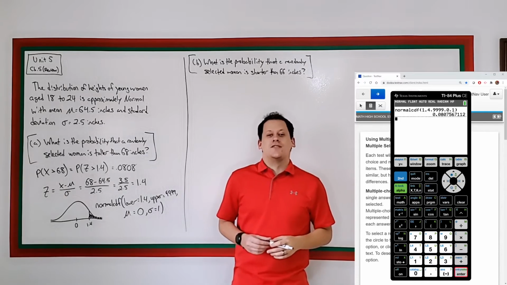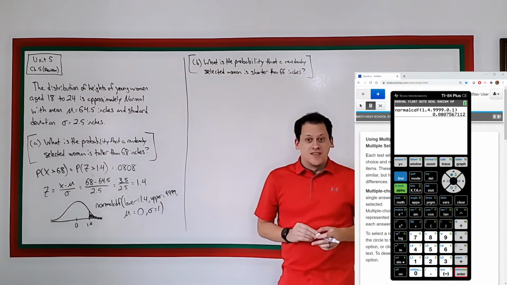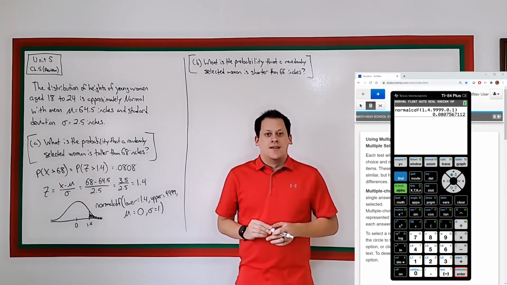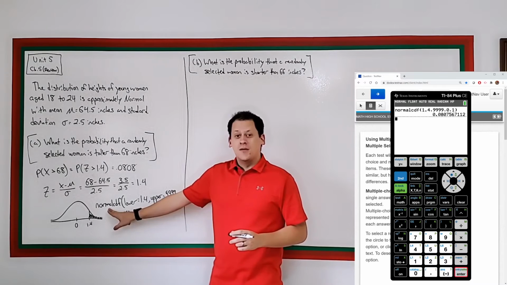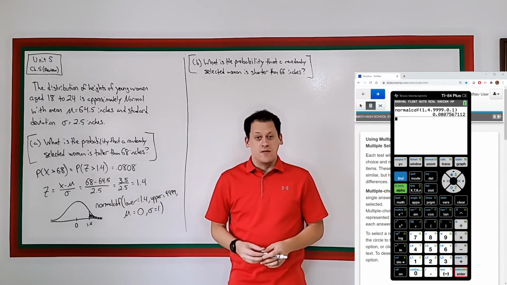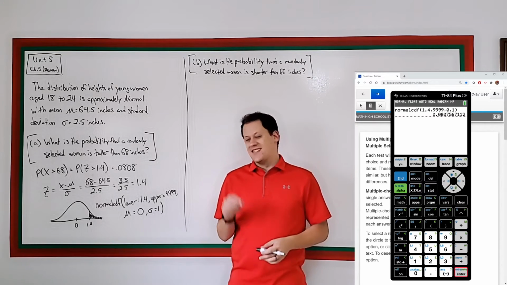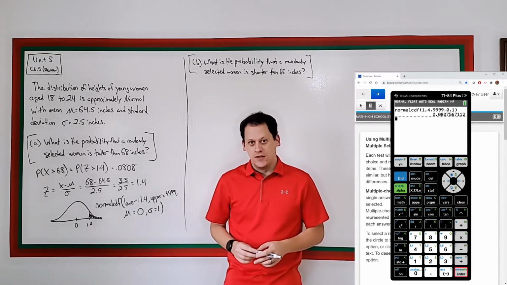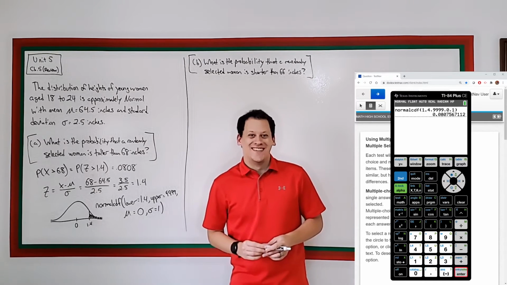All right, next question. What is the probability that a randomly selected woman is shorter than 66 inches? This is another reminder, we always use normal CDF, because when we're talking about a normal random variable, you're never going to be asked what's the probability that a randomly selected woman is exactly 66 inches tall, because that probability would be 0.